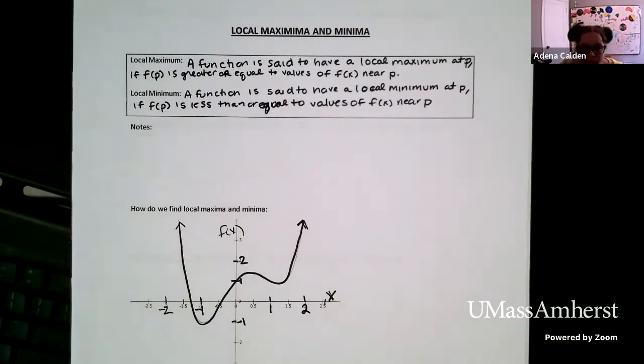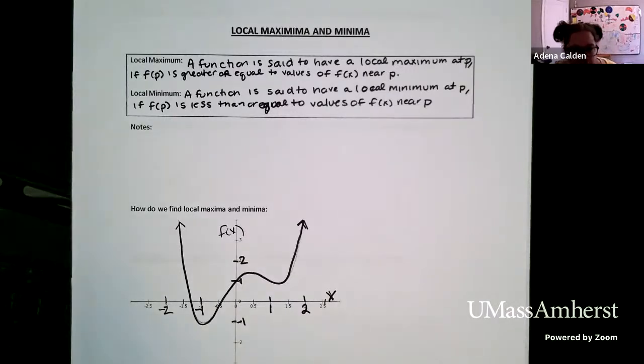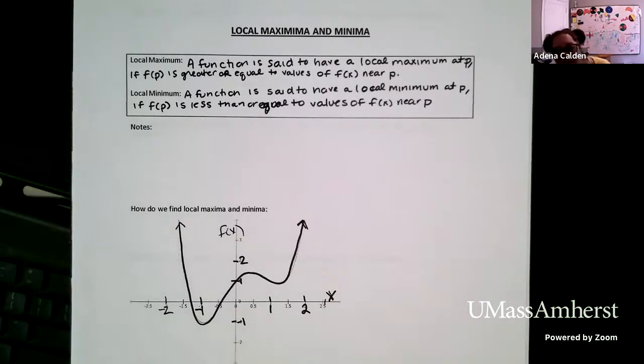So what is a local maximum and a local minimum? The definition says that a function is said to have a local maximum at some point p if f of p is greater than or equal to values of f of x near p. And a local minimum, we say a function is said to have a local minimum at p if f of p is less than or equal to values of f of x near p.